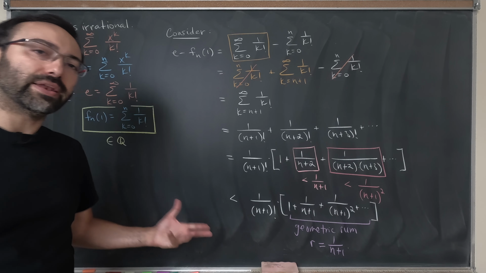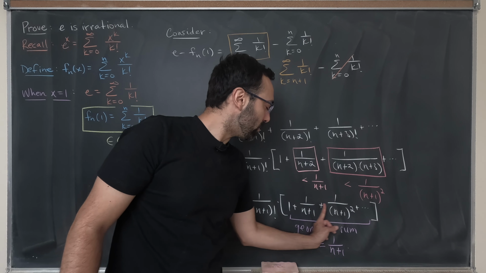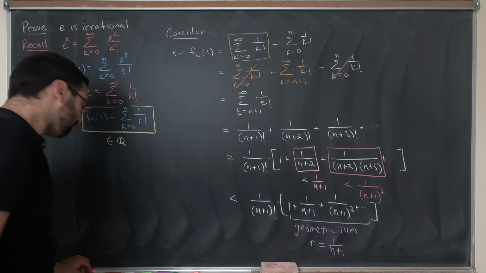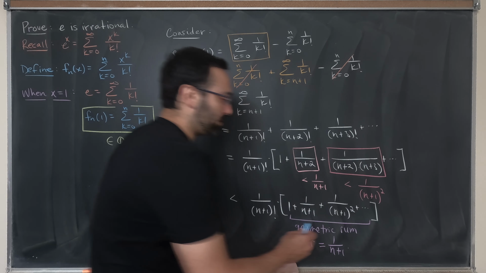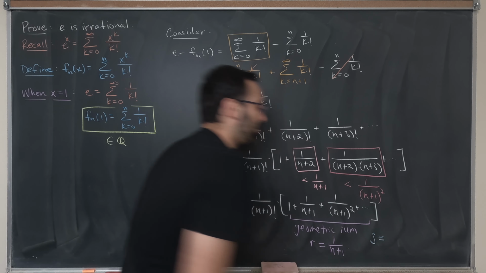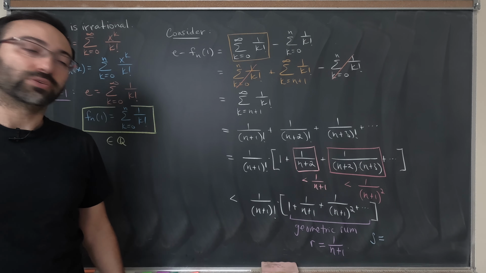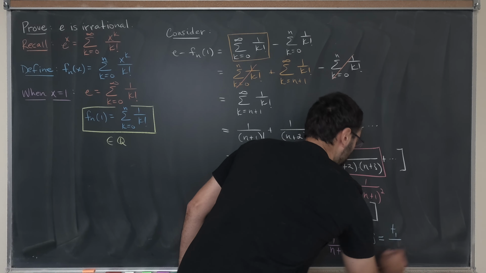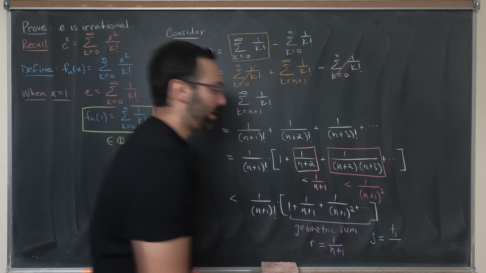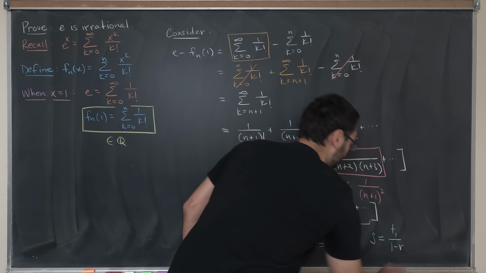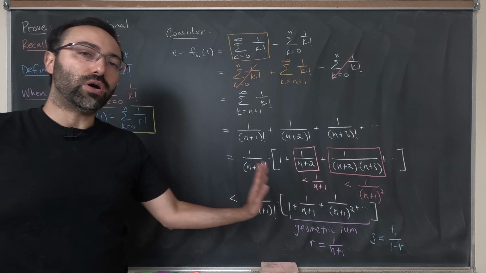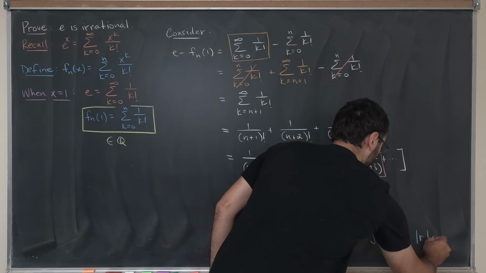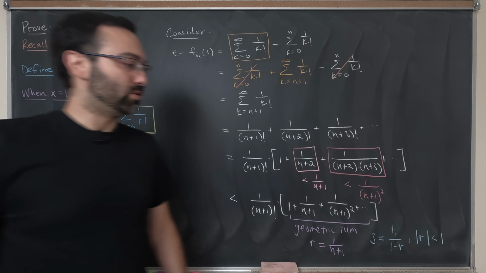Well, the good thing about that is we can determine what the sum of all this is simply by using a neat little formula. You might recall that the sum of a geometric series is simply the first term divided by 1 minus the common ratio, as long as that common ratio has a magnitude less than 1.